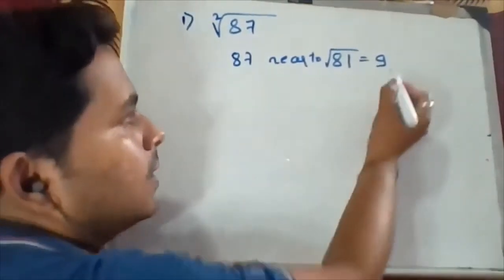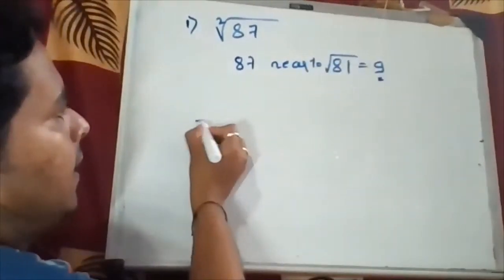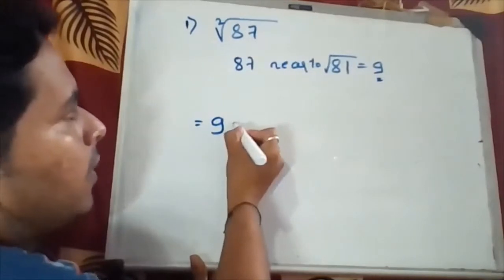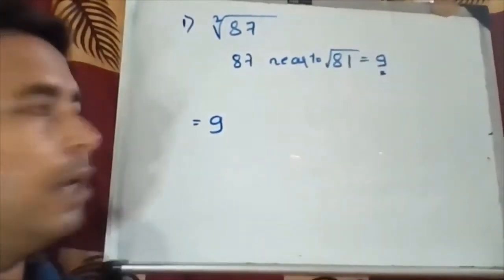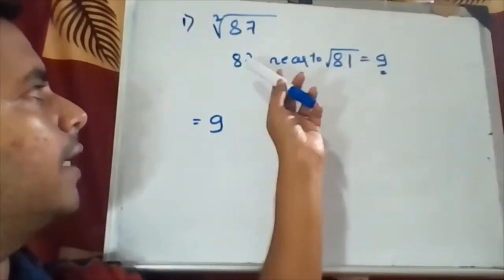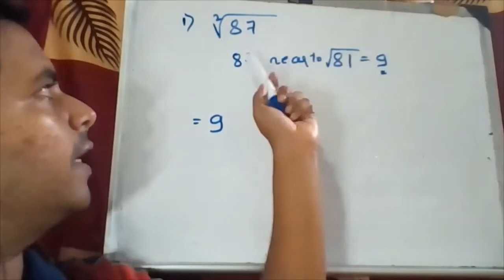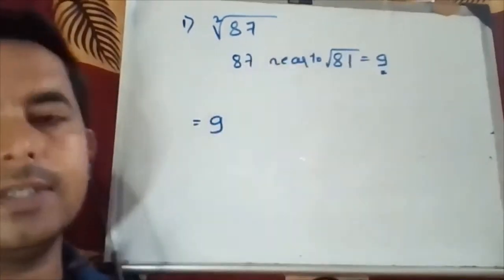So I'll take this 9, and whatever answer comes, the value will increase slightly from 9, because 81 is smaller than 87, which means its square root will be slightly more.